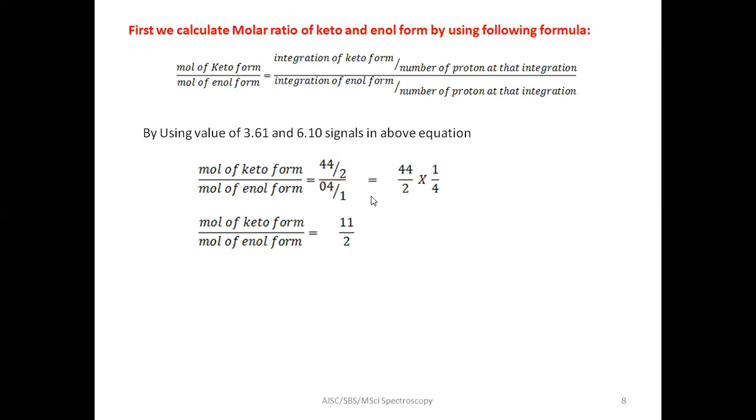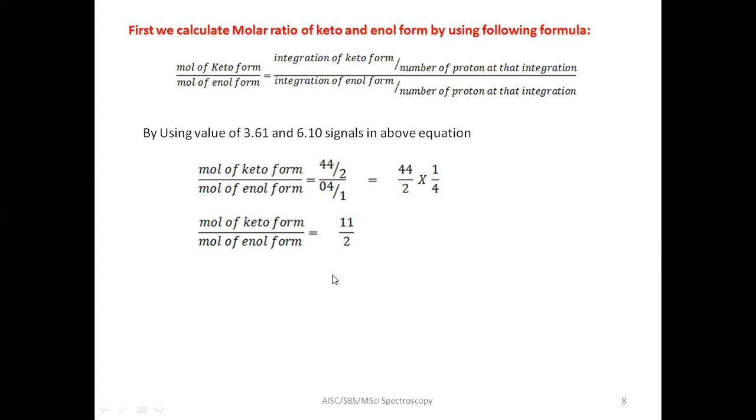So by using these values, 44 divided by 2, divided by 4 divided by 1, becomes 44 divided by 2 times 1/4. Taking it up, 44 over 4 becomes 11, so keto versus enol becomes 11 by 2.